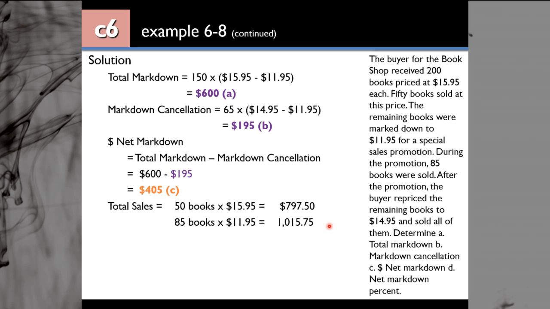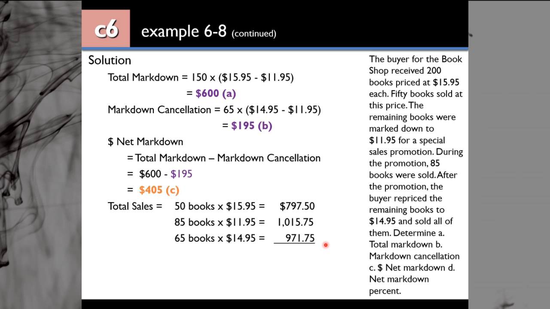How many books were sold at 14.95? Yes, 65. So 65 books were sold at 14.95. So your total for this sale is going to be 971.75. So what you have to do now, you need to combine all these to calculate the total sales.